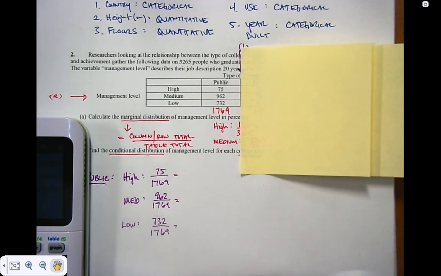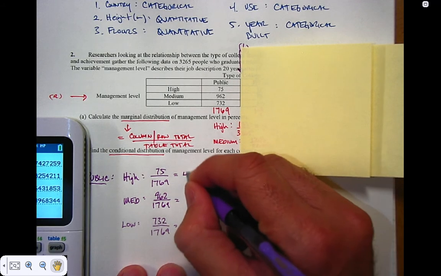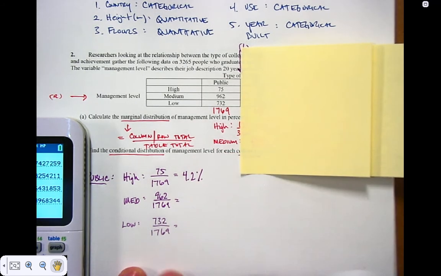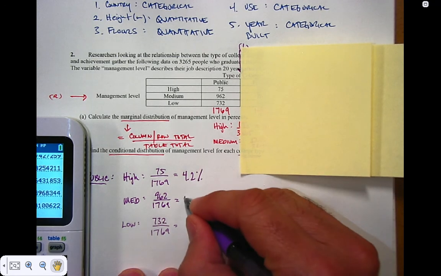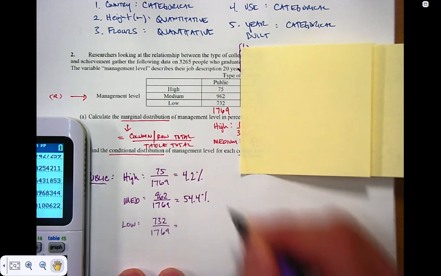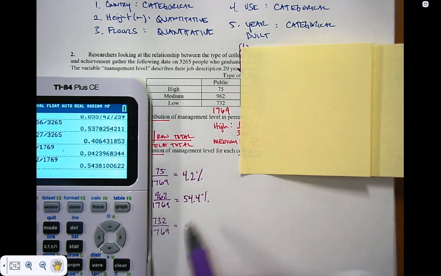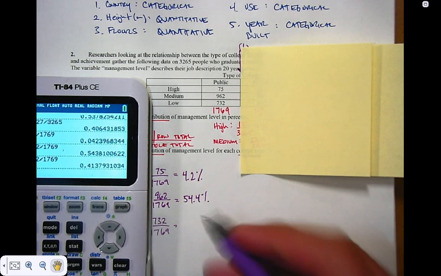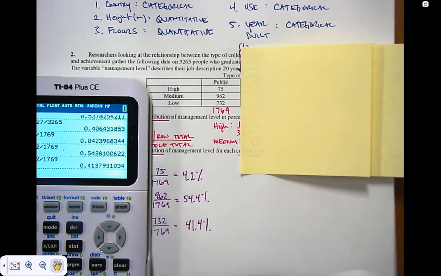Same game. Let's find our percents. 75 divided by 1,769 gives me 4.2%. Okay, medium would be 962 divided by 1769, which would be 54.4%. I know you guys can't see the calculator, but it's okay. You can check my numbers here. 732 divided by 1769 gives you 41.4%.